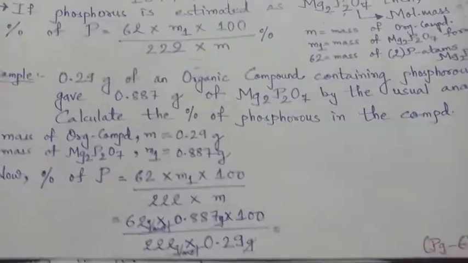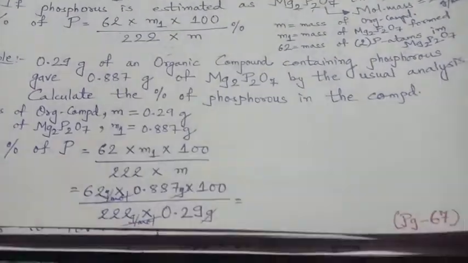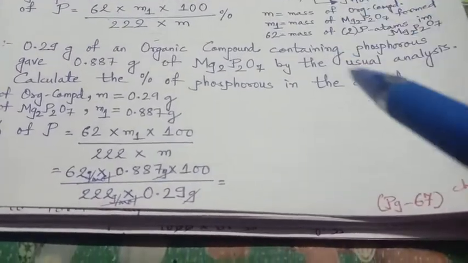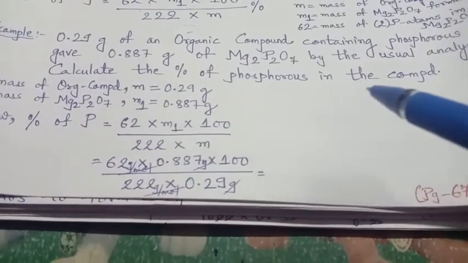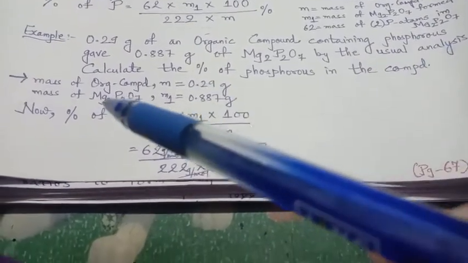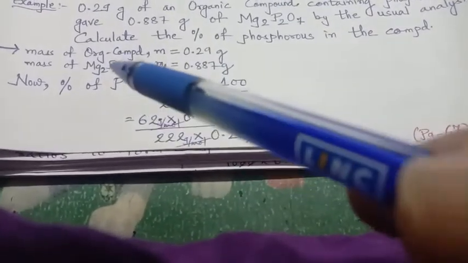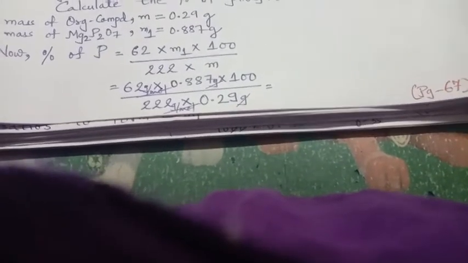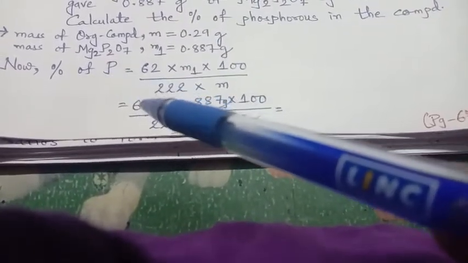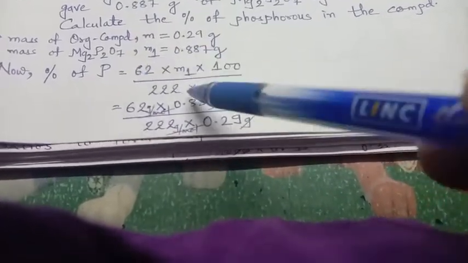0.29 gram of an organic compound containing phosphorus gave 0.887 gram of magnesium pyrophosphate by the usual analysis. Calculate the percentage of phosphorus in the compound. So the mass of the organic compound is m, 0.29. m1 is the mass of Mg2P2O7, that is 0.887. And for the percentage of phosphorus, now we are taking Mg2P2O7, so the molecular mass is 222.